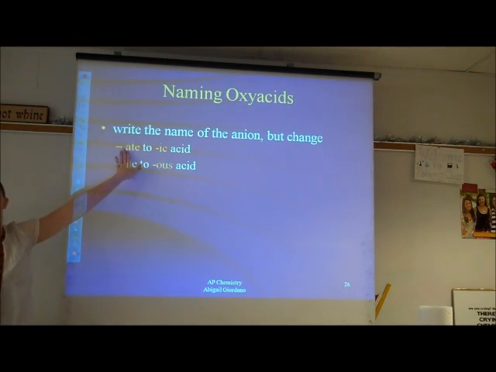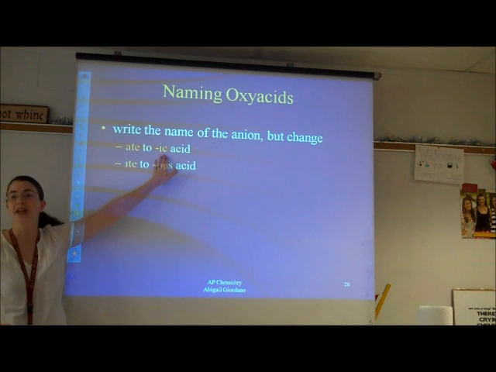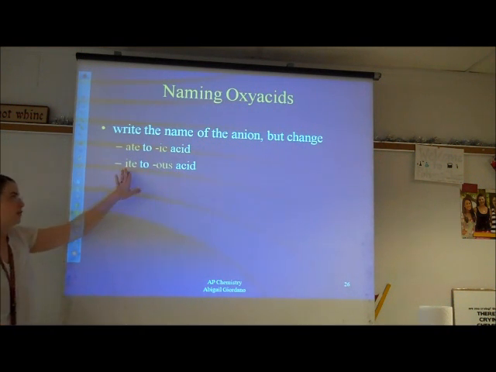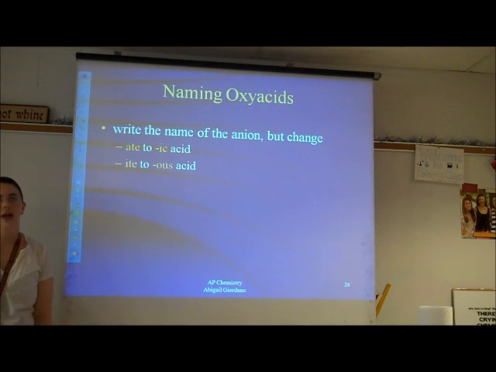If you ate something gross, it makes you feel ick. If you get in a fight, you need us. Okay, it's dumb, I know. But at least it helps you remember. Ate goes to ick. Ite goes to ous.